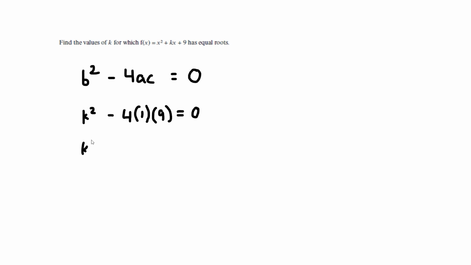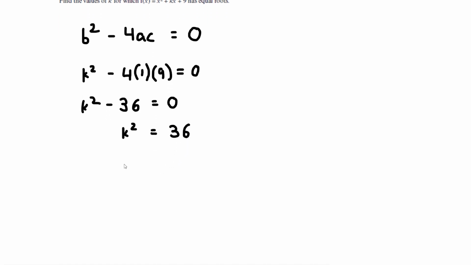So k squared minus 4 times 1 is 4, and 4 times 9 is 36, which means we've got minus 36 equals 0. We add 36 to both sides, giving us k squared equals 36. And then we root both sides, giving us k equals plus or minus 6.